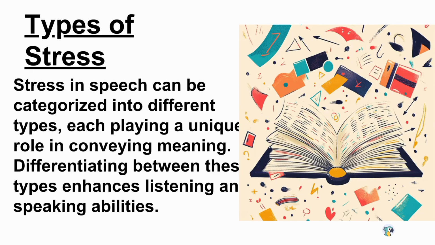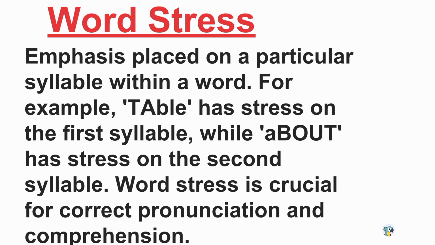Furthermore, let us look at the types of stress that we have in English. Stress in speech can be categorized into different types. Each of these types plays a unique role in conveying meaning, and differentiating between the types enhances listening and speaking abilities. So, first of all, we will be talking about word stress.